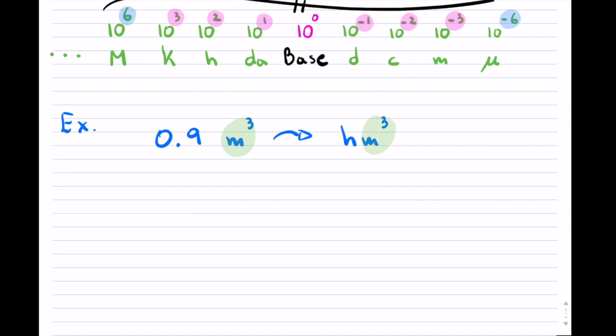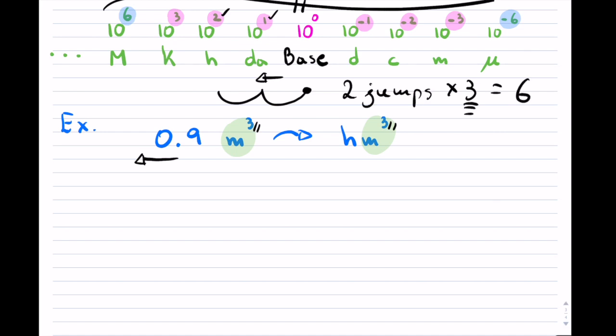So we're going from a base. There is no prefix on the first one, so our starting point is right there. And now the number of jumps is 1, 2. It's to the left that we're moving, so we're going to be moving the decimal to the left. But because it is cubed, each of these jumps through the powers of 10 actually corresponds to 3. So I have 2 jumps, but each of them is worth 3 decimal spots.